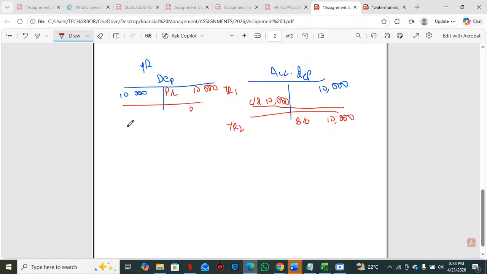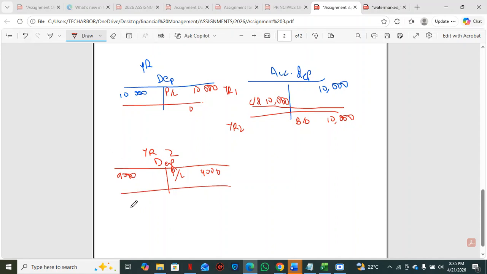What's happening in the T accounts? Year 2, depreciation expense, you're going to put here 9,000. Remember, this is the reducing balance method. So have you seen the depreciation expense is dropping each year? Then you close this account, 9,000 there. So we close the depreciation expense account for year 2.